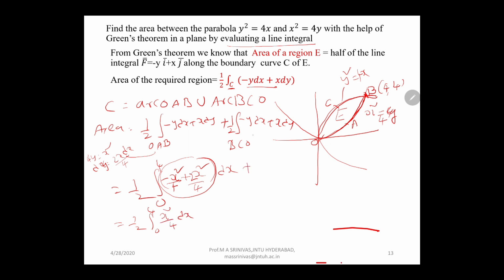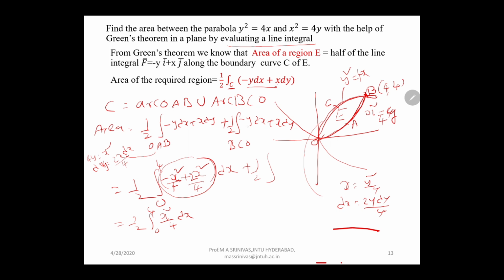Similarly here, half of, let us see here, along BCO, 4x is y square. That means x is y square by 4. I am converting here, x is y square by 4, then dx is 2y dy by 4. So I will convert everything in terms of y here.